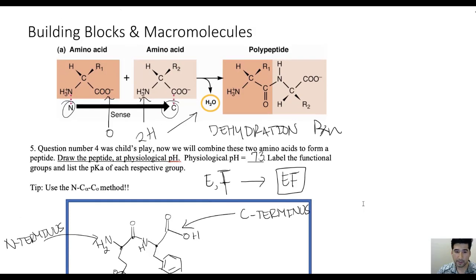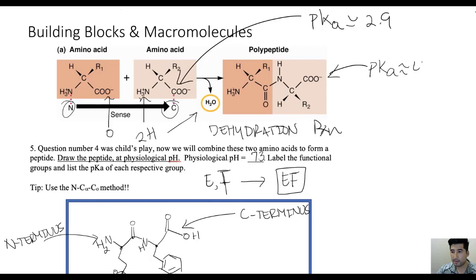And I don't know if you guys remember, but the pKa of a free carboxylic group of an amino acid is about 2.9, but whenever you put 2 amino acids together, it is no longer considered a free amino acid, and that pKa jumps up to about 4. And that's really important for you to know.